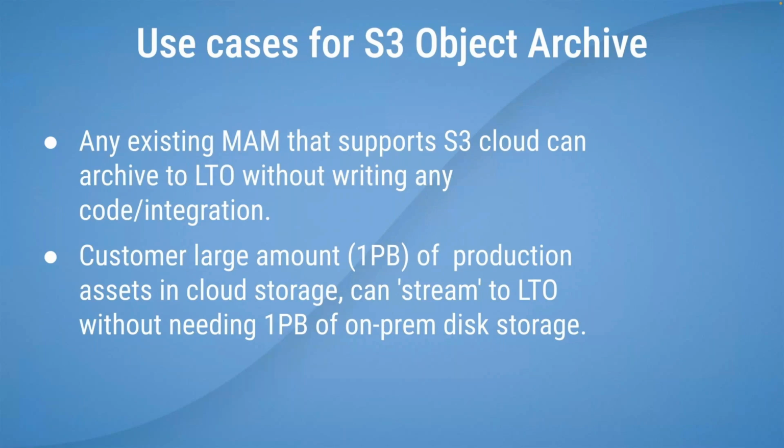It's just a cache, so only a fraction of that petabyte would be needed to actually get the data onto tape. This provides a solution for people that have a lot of data in the cloud. They'd like to have a copy of that on LTO, but they don't know how to do it. So this makes for another option for those people.